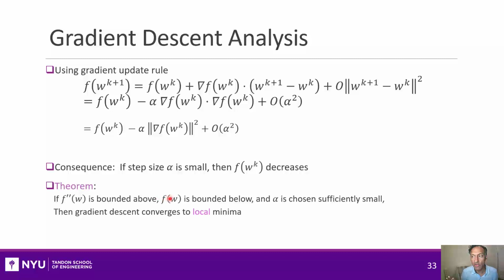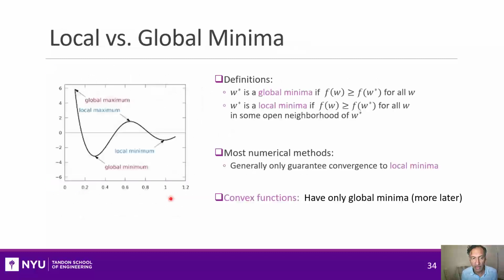Now, I've been using this term local minima a little bit, so I want to point this out because this is very important for optimization. Let's take a function like this. This function is said to have 2 local minima. There's a minima here, but there's also a minimum here. Local minima just means that you're a minima within the neighborhood of that point.